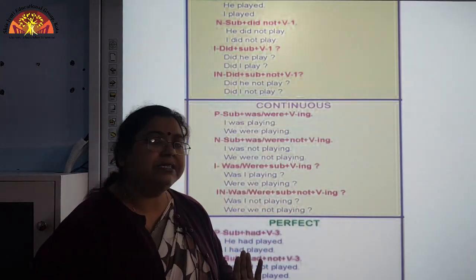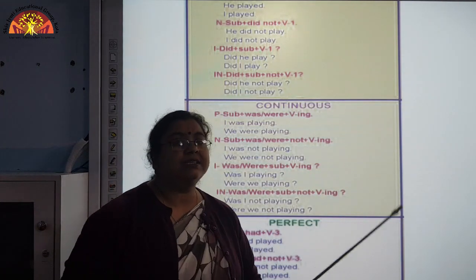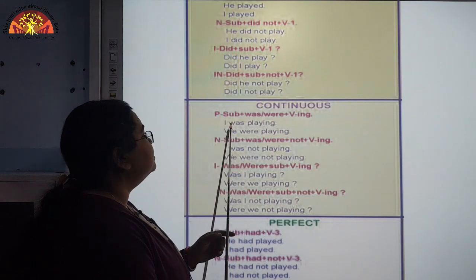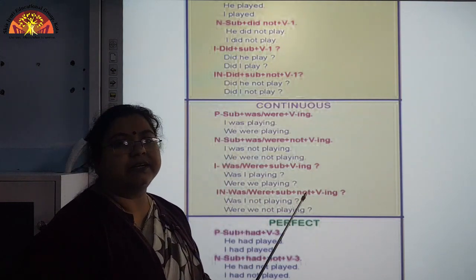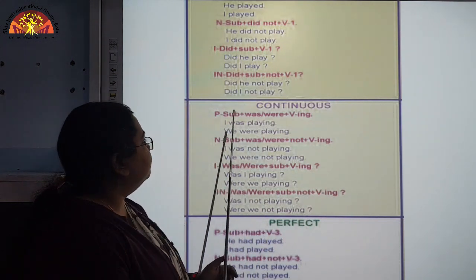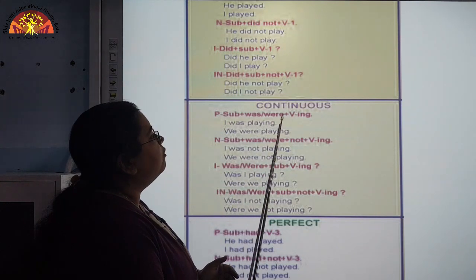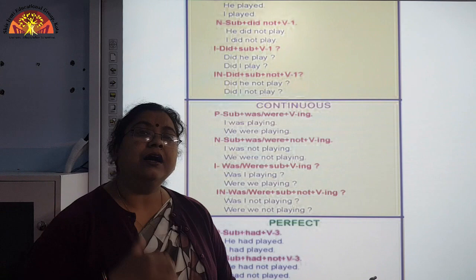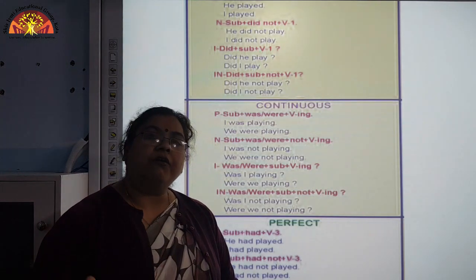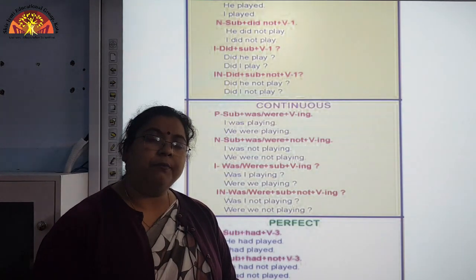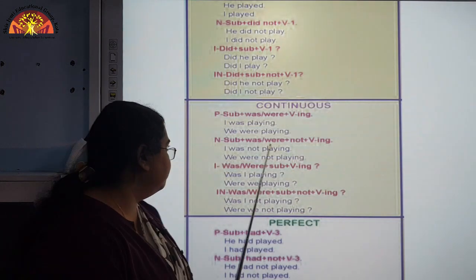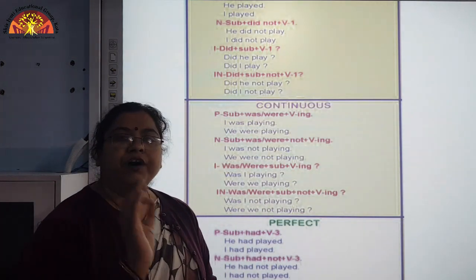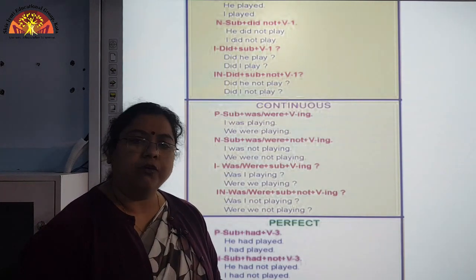Like, see here, the structure of the sentence is also very important to understand here. For a positive sentence, first of all subject plus was or were, the second form of the be verb, plus verb ing form.